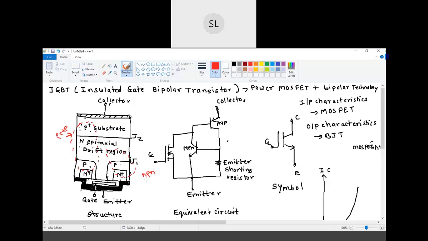So these two, as I have drawn in the equivalent circuit, form a parasitic thyristor. We are going to study the thyristor, so don't worry about it.